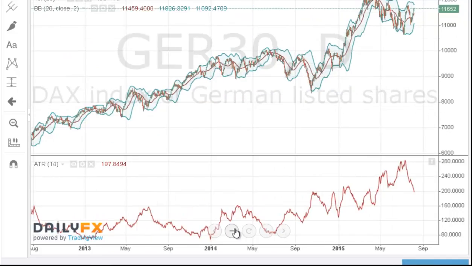If you zoom back even further, there's an odd pattern. The range seems to be in an uptrend. Now, if you go back here, the DAX was about 8,000 and now it's approaching 12,000.